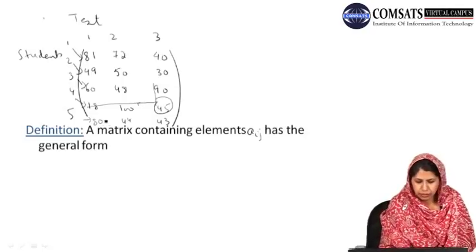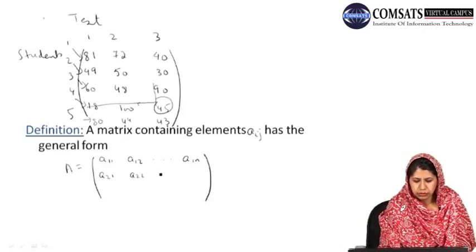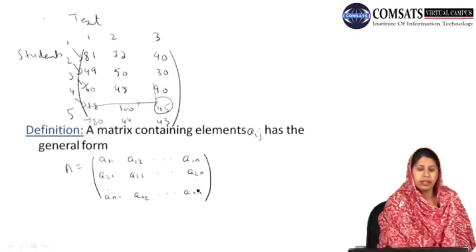Okay, so generally now we define a matrix as a matrix containing elements Aij that has the general form: A is equal to A11, A12 and so on up to A1n, A21, A22 and so on up to A2n, and continuing this way, An1, An2 up to Ann.